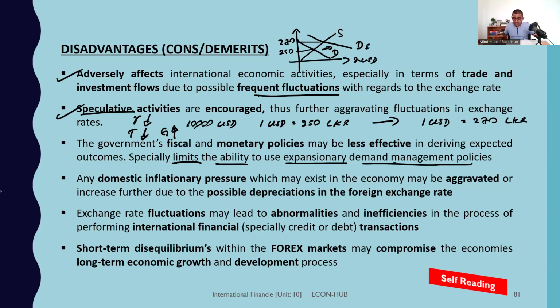When we have expansionary fiscal and monetary policies, yes, the economy will start to expand, output levels will increase, but at the same time, there is a real possibility of demand pull inflation.